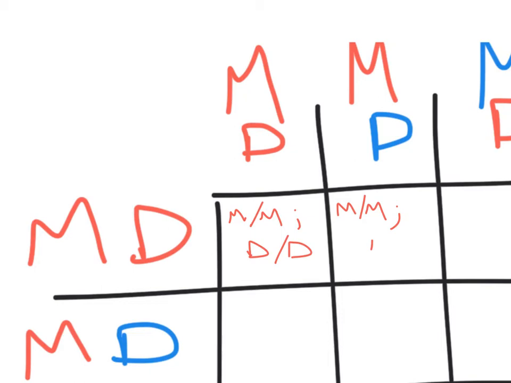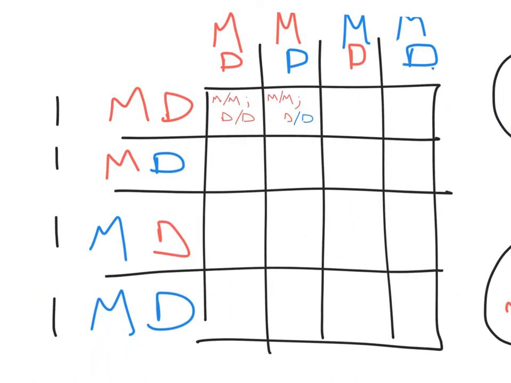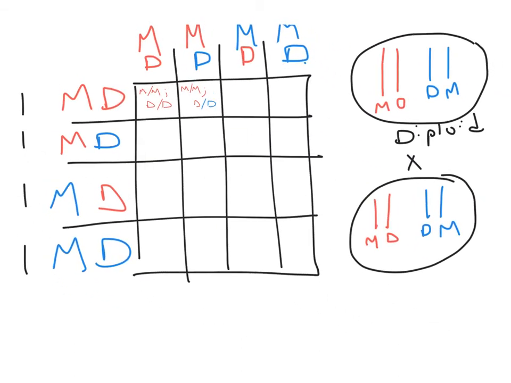And this time we've got a red D and a blue D. And so you could do that and fill in that whole table. And that would tell you all of the possible genotypes that would exist if you crossed those two individuals together to produce the next generation.